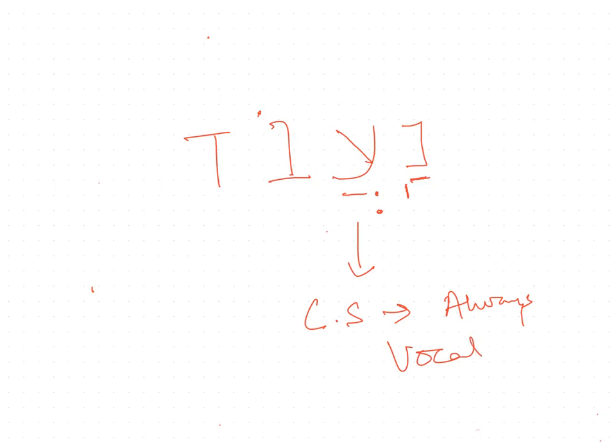Now, if you're wondering why the meteg is there, I recommend you read unit number 4.11, because that will tell you a meteg is used with short vowels, in this case it's patah, that stands immediately before a compound Sheva. And the compound Sheva is this one, the hataf patah.